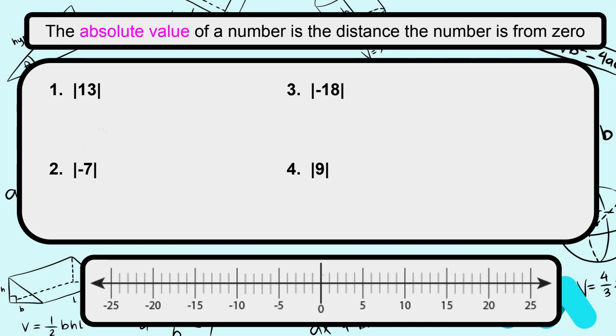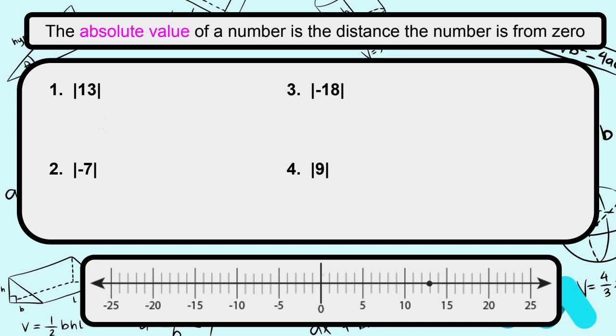So in order to simplify these expressions, I'm going to show you how to do that. For number one, for 13, I'm going to use a black colored pen on here. We have our number line at the bottom. And again, absolute value of a number is the distance the number is from zero. So I'm going to find 13 on the number line.